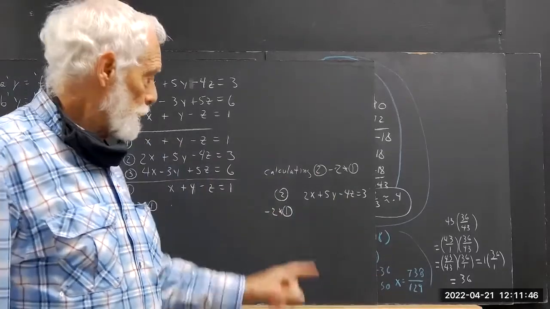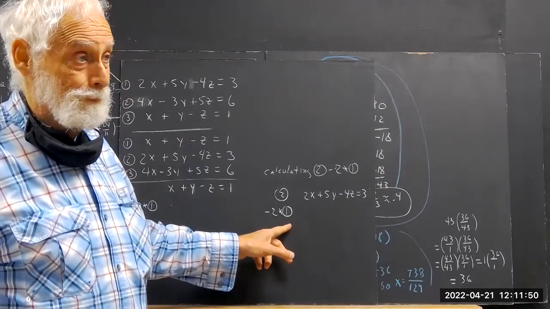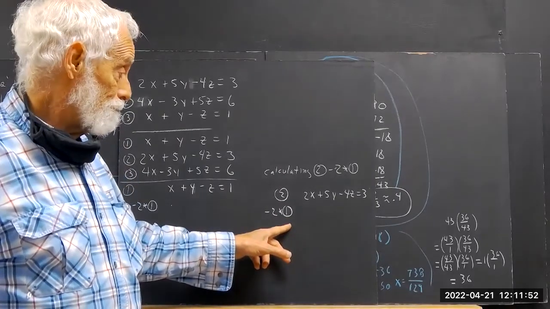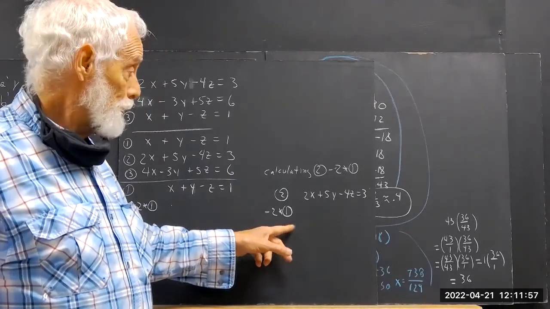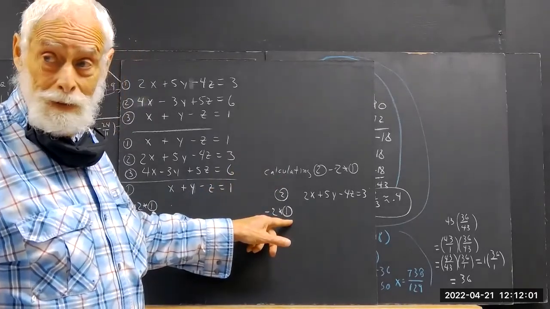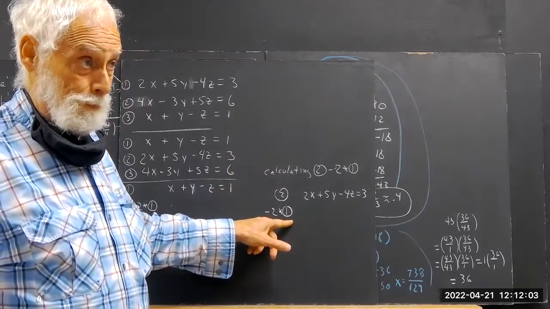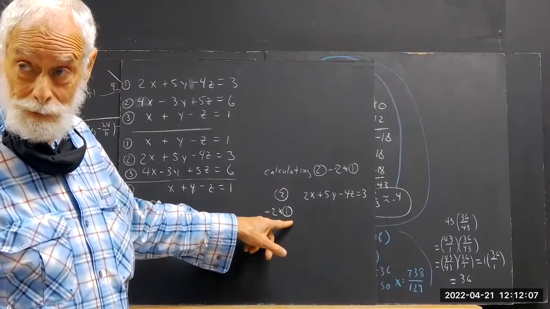Most people dove into -2 times equation 1. You want to do that, but remember what I said was first write this, and write this. So make sure you do that, at least until you really understand this process.